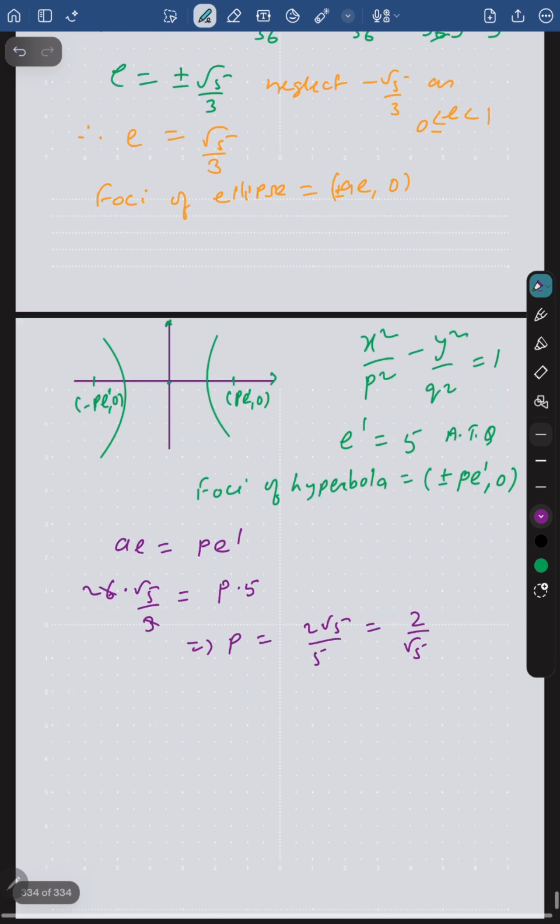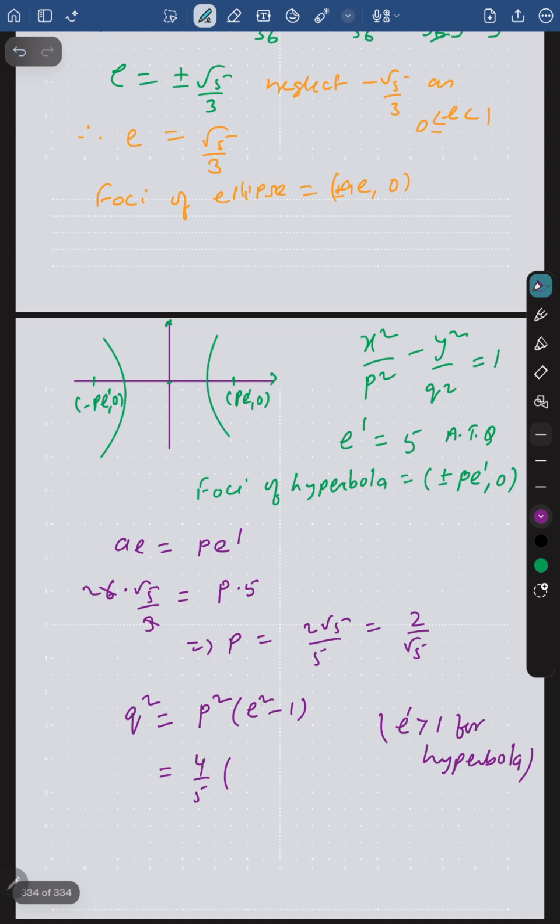Now here also you know the relation for b square, here q square: q square will be equal to p square times (e square minus 1), because for a hyperbola e is greater than 1. So p square means 4 upon 5, and e square here means e dash square.